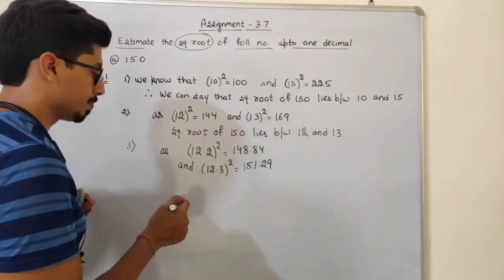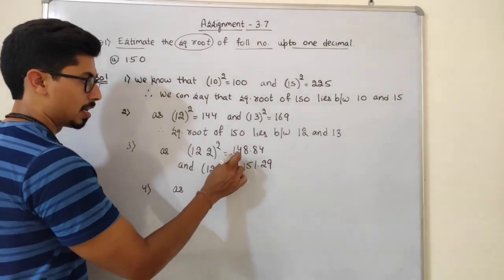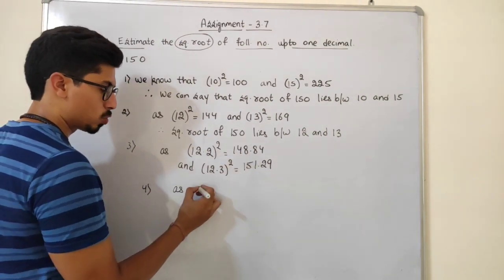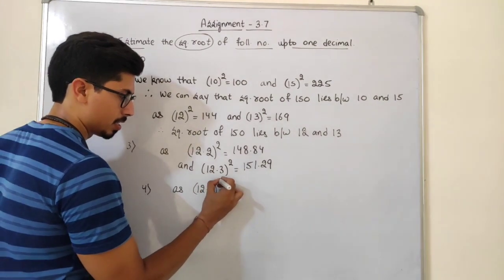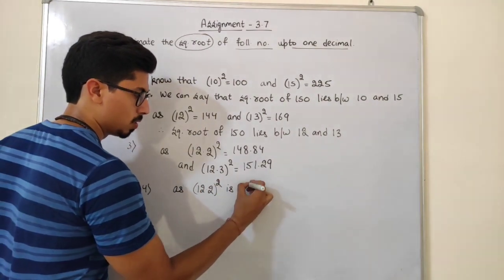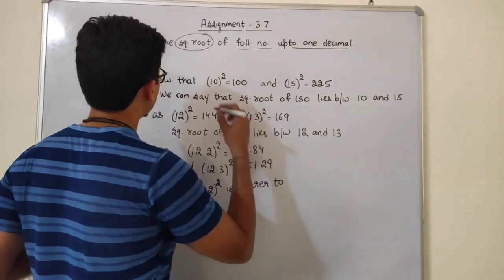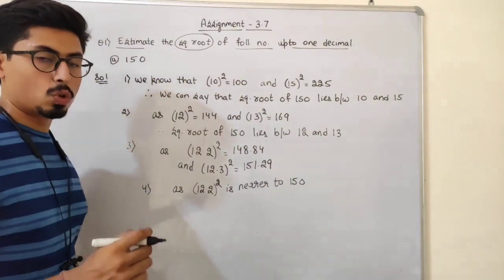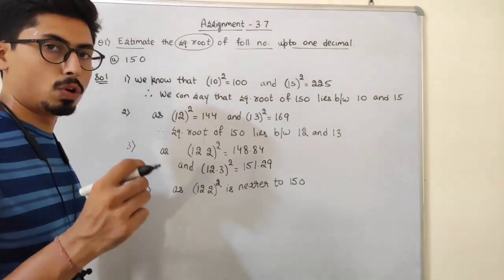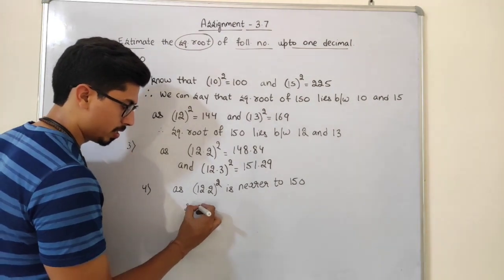As 12.2 squared, which is 148.84, is nearer to 150, we can make a rough conclusion.